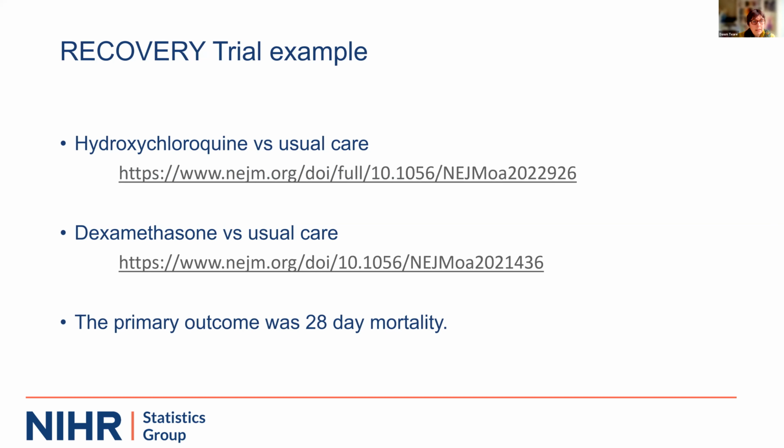One was for dexamethasone and the other was for hydroxychloroquine, which I'm sure you were aware was getting a lot of attention in the media. And although the trial was able to look at multiple treatment options, it had exactly the same primary outcome, which was 28-day mortality for people recruited to the trial.